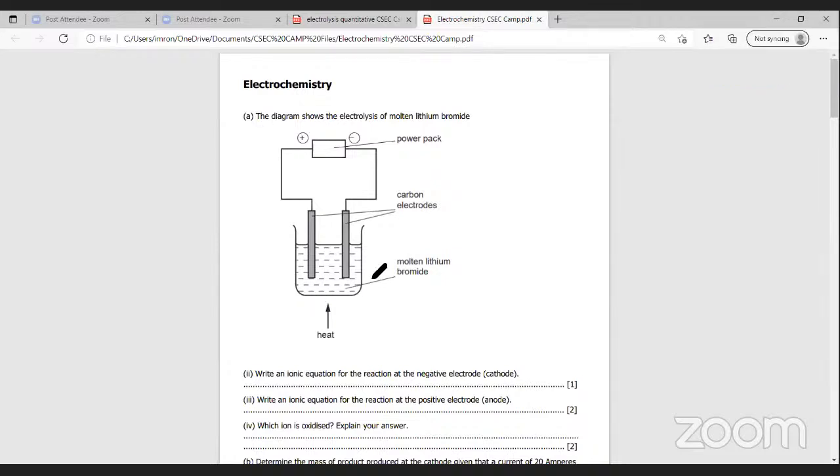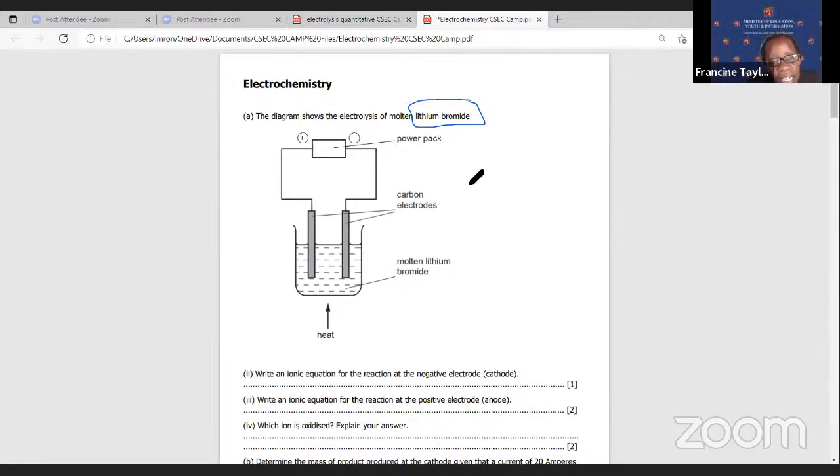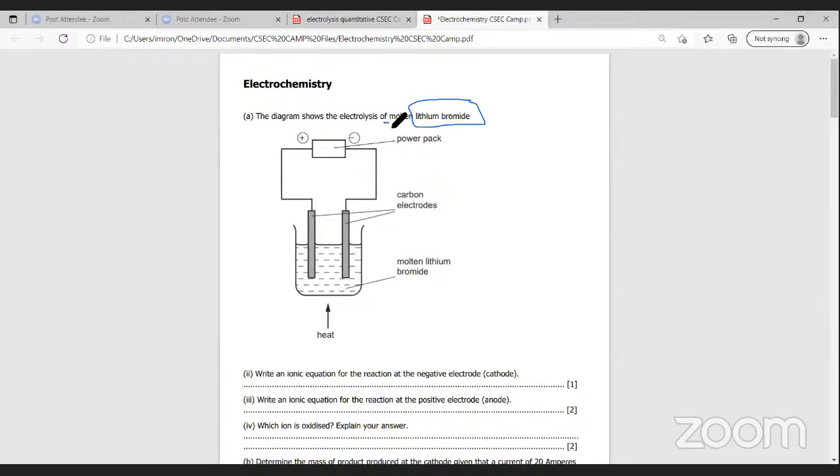Think carefully now. This is lithium bromide. I saw somebody have Li plus e. One person has it in aqueous state, another person has it in liquid state. Read the question carefully.